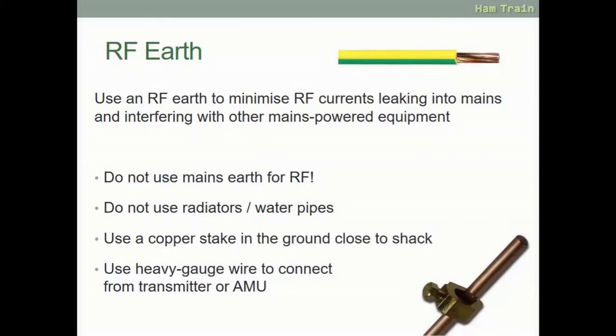So you can use a copper stake in the ground as close to the shack as you can. Obviously, this sort of thing doesn't count for handheld devices, but it's for mains or for base stations. And use a heavy gauge wire to connect it from your transmitter or from your antenna matching unit.